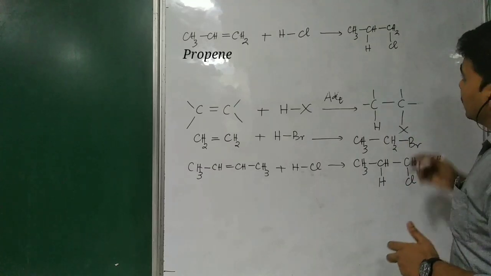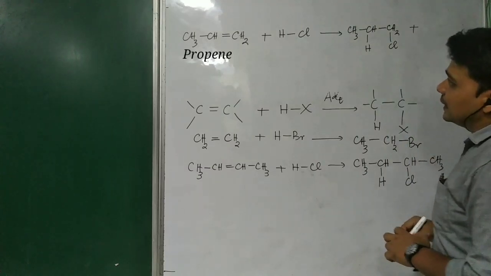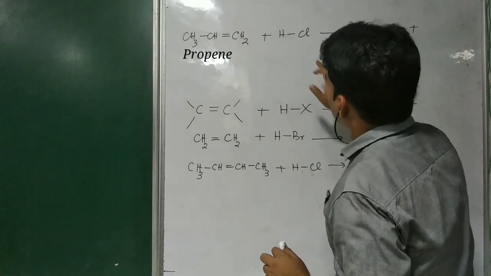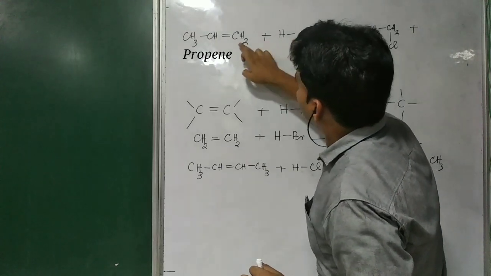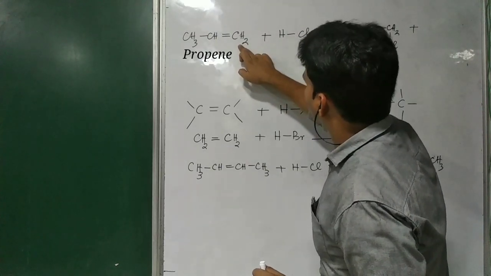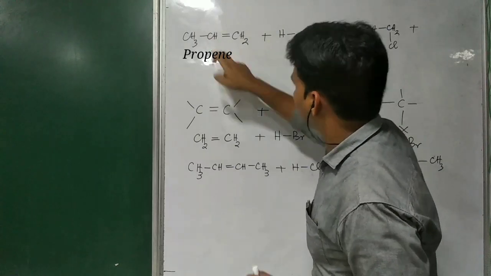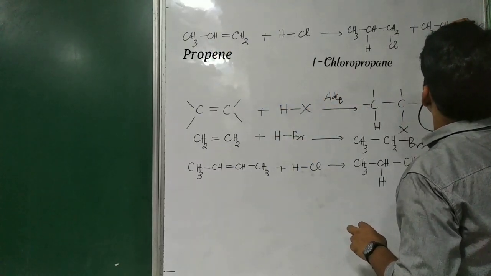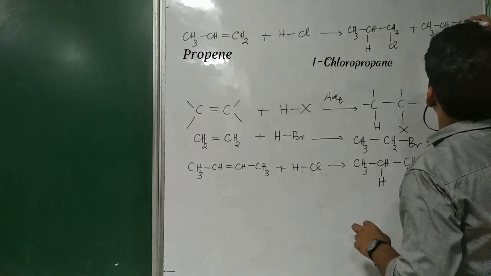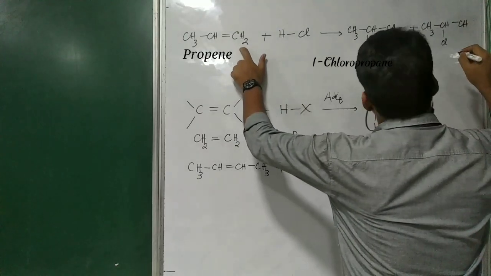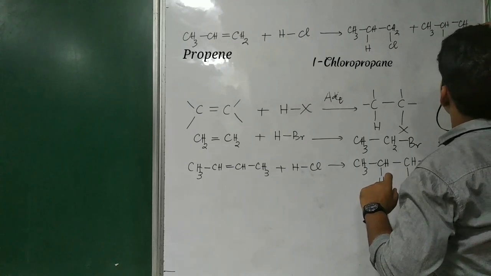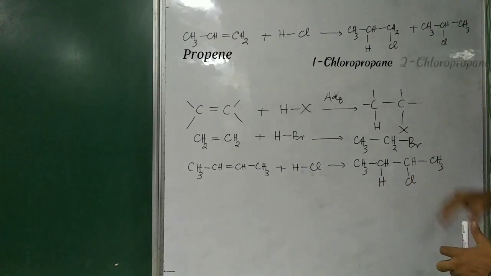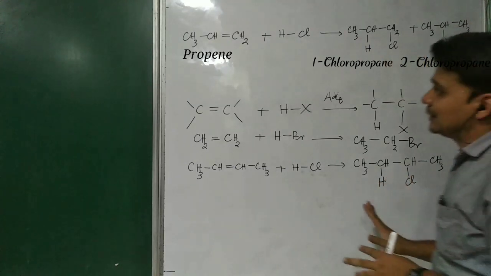Also, the second chance that can be considered here: when hydrogen is added to this terminal carbon, and chlorine is added to the middle carbon, then you will get your product CH3CHCl-CH3. So these are 2 possible products.